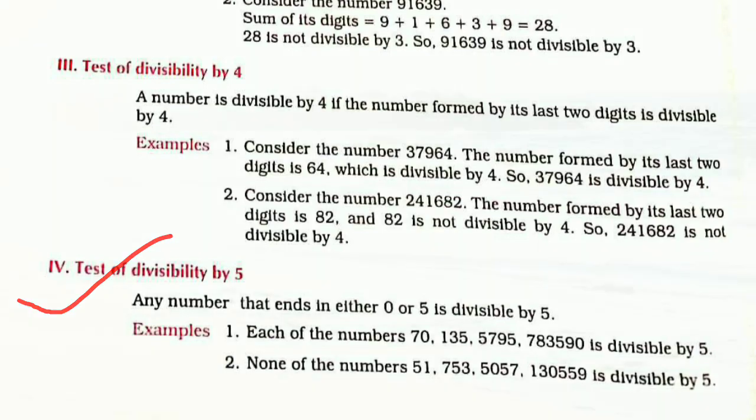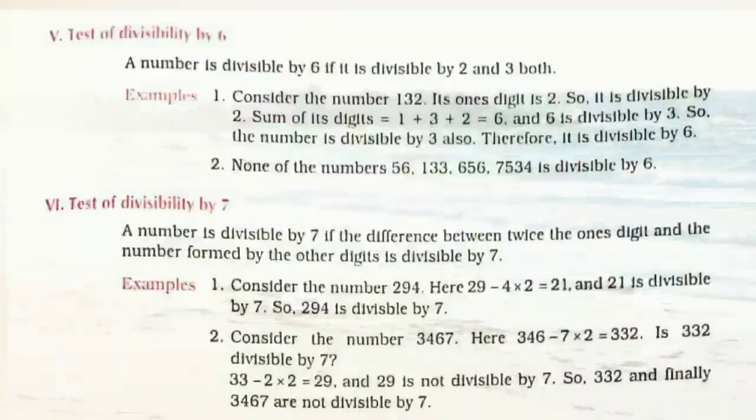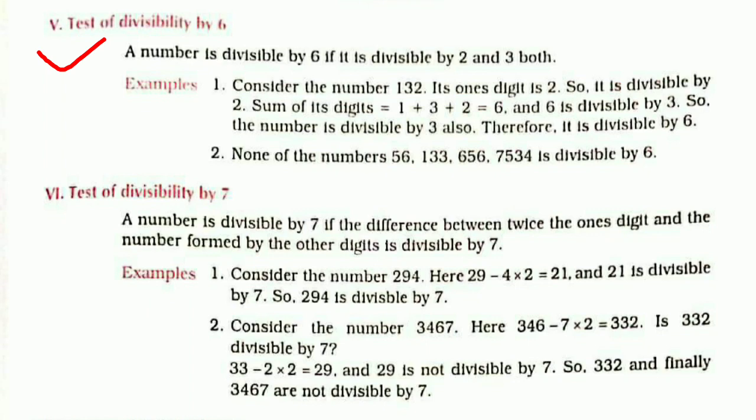Now the next divisibility rule is the test of divisibility by 6. A number is divisible by 6 if it is divisible by 2 and 3 both. Look at the example. Consider the number 132. Its ones place is 2, so we can say that it is divisible by 2.